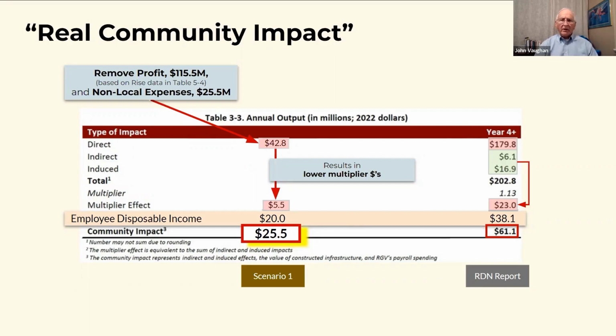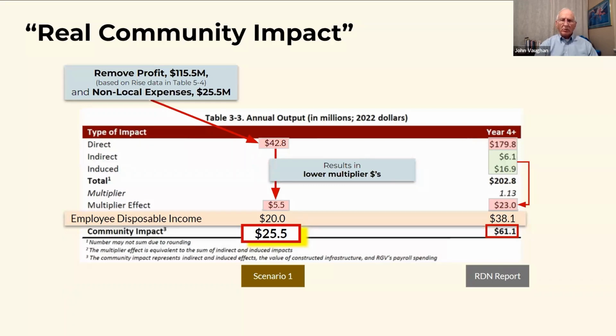When you deduct that, that's the number that should be applied to the multiplier effect, which results in 5.5 million of indirect and induced local spending, not 23 million.